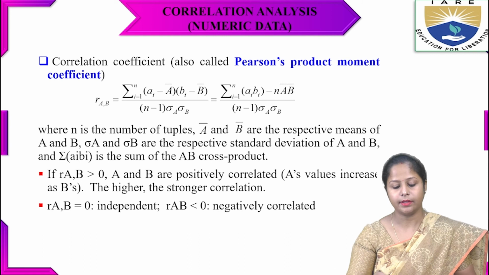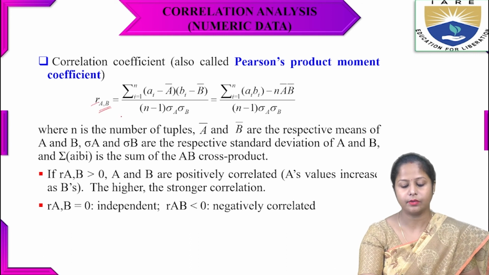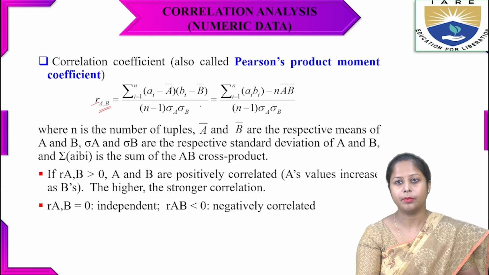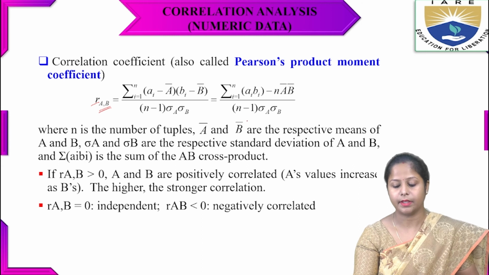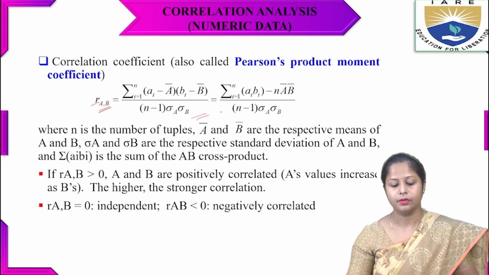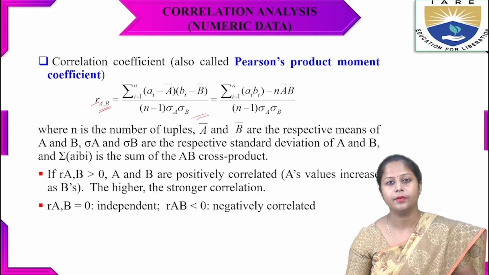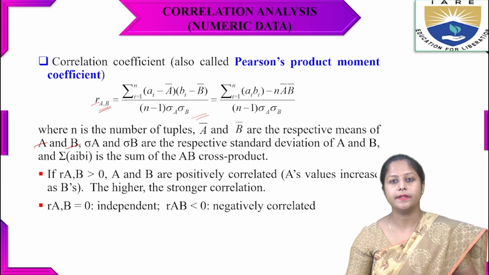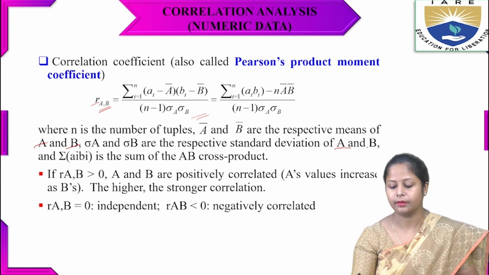What is the formula for that? r_AB is equal to the summation from i equals 1 to n of (a_i minus A bar)(b_i minus B bar), divided by (n minus 1) sigma A sigma B. That is the formula to calculate the correlation coefficient, where n is the number of tuples, A bar and B bar are the respective means of A and B, and sigma A and sigma B are the respective standard deviations of A and B.